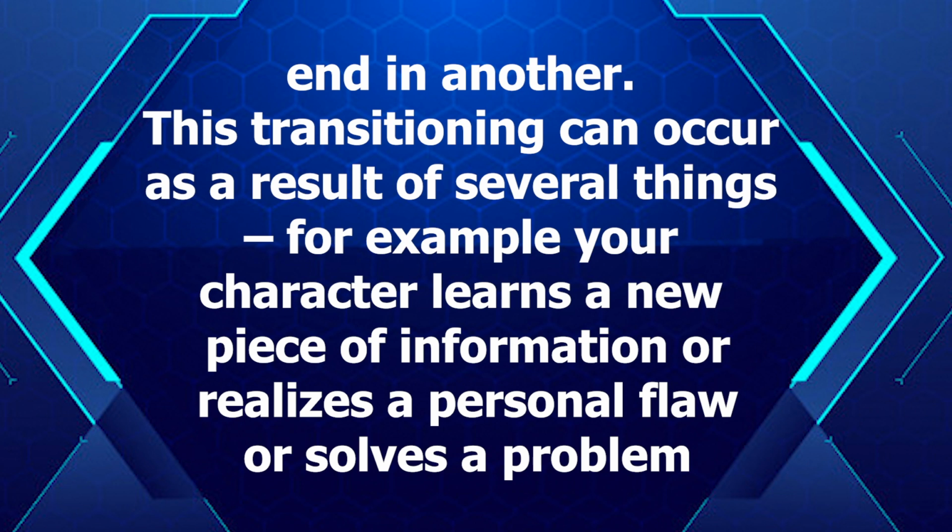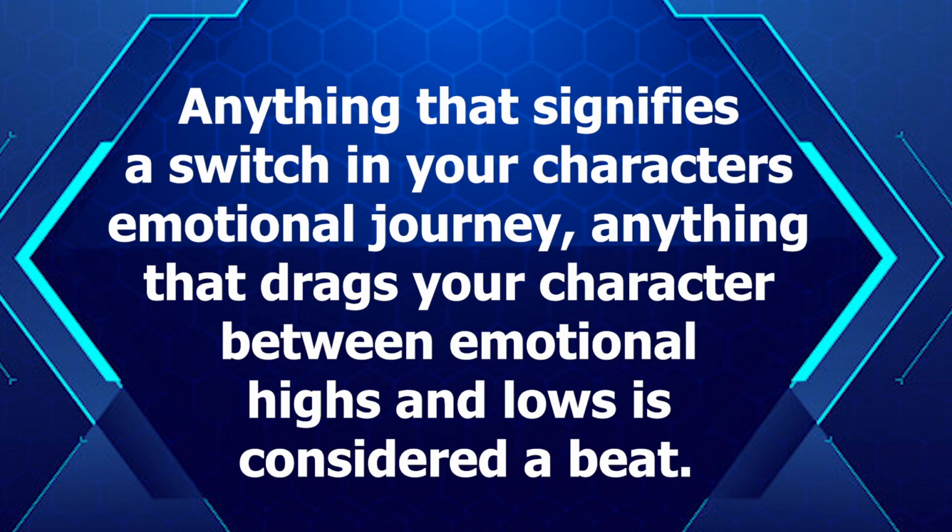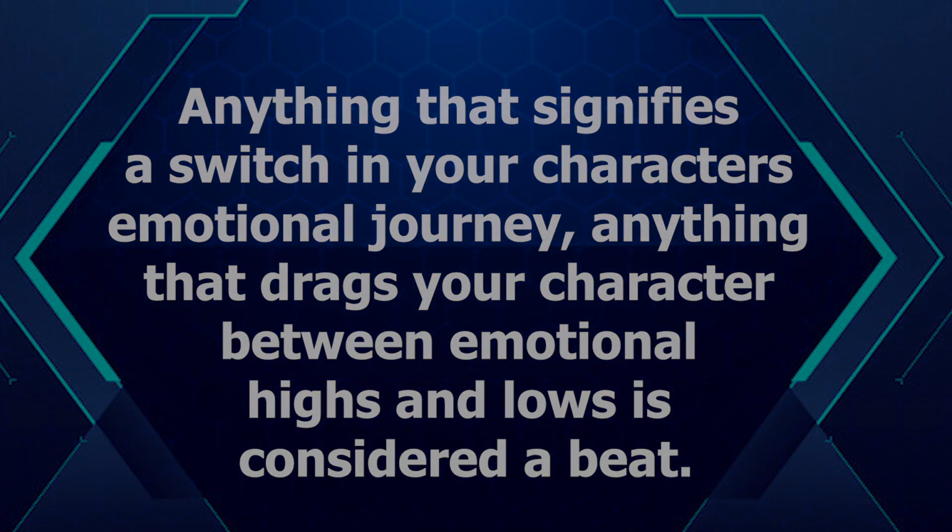For example, your character learns a new piece of information or realizes a personal flaw or solves a problem. Anything that signifies a switch in your character's emotional journey, anything that drags your character between emotional highs and lows is considered a beat. Look at your script again, scene by scene.